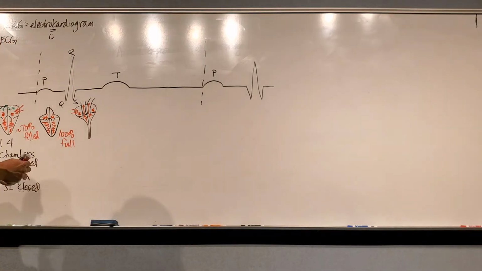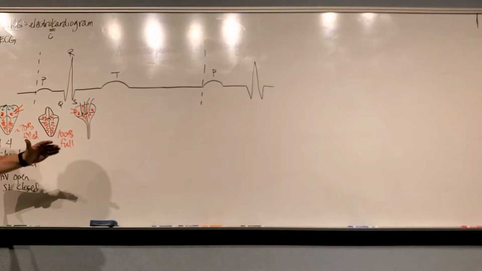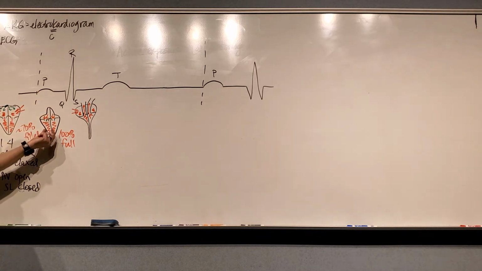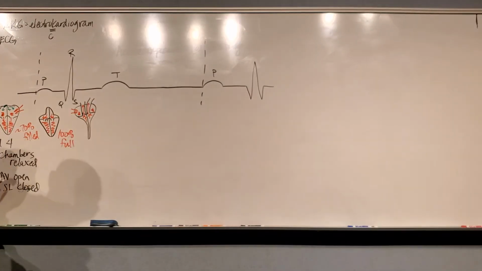As they do that and eject blood, when we get to the T wave, so the QRS complex, by the way, corresponds to the depolarization of the ventricles. So now the action potential has spread through the internodal pathway from the AV node, through the bundle of His, the two bundle branches and the Purkinje fibers, and actually hit the ventricles, and the ventricles begin to contract.